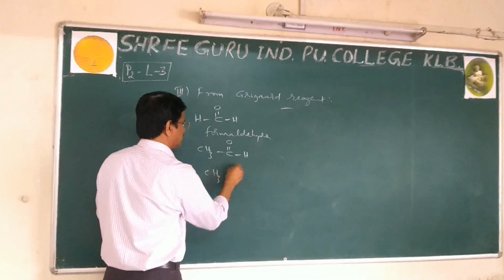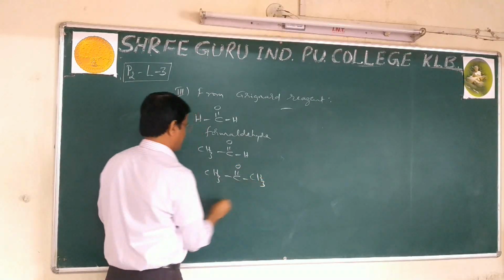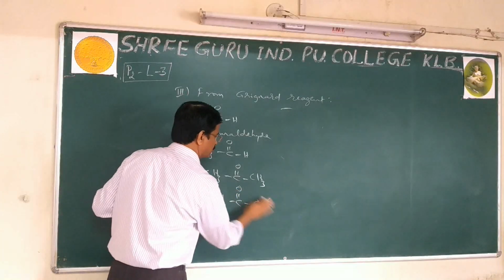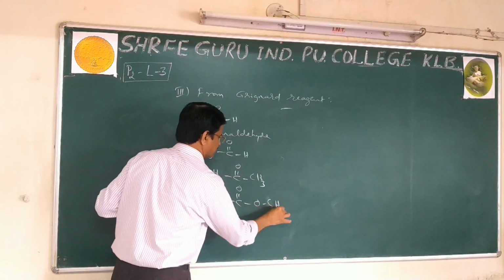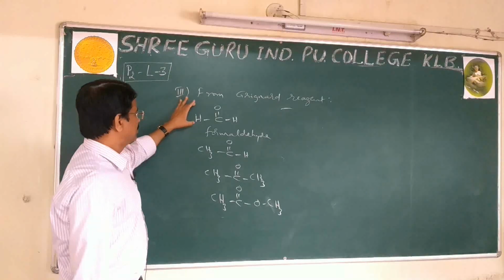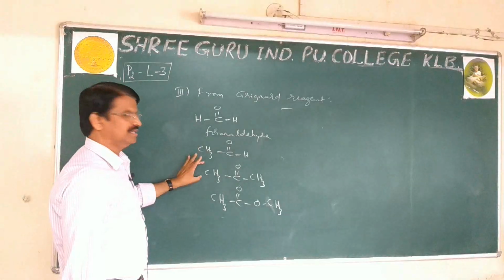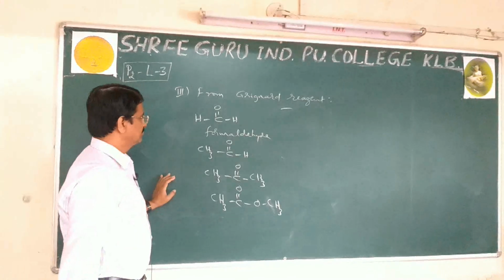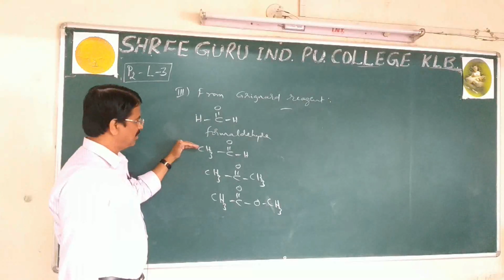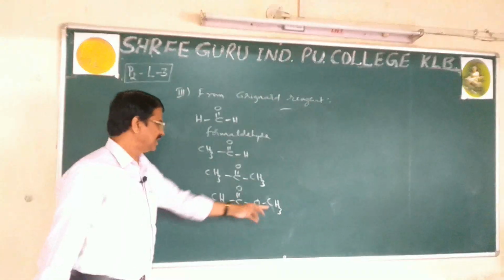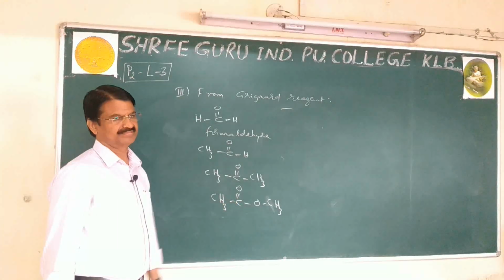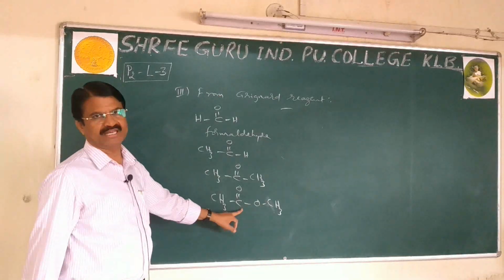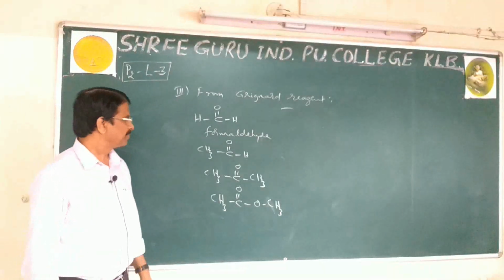Third, CH3COCH3, and fourth, CH3COOCH3 or CH3COOC2H5. Formaldehyde, acetaldehyde, acetone, and methyl ethanoate. Methanal, propanone, methyl ethanoate or methyl acetate. Methyl acetate is the common name, methyl ethanoate is the IUPAC name.